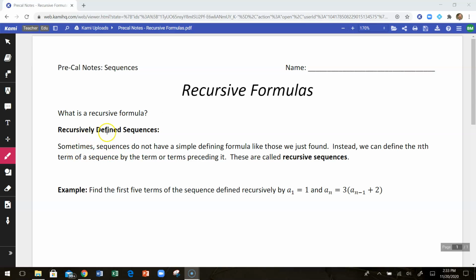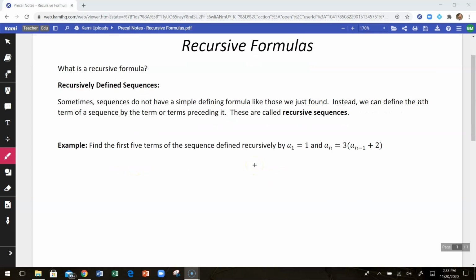Okay, so sometimes it's difficult to write an explicit formula for some sequence where I can't just say, hey, I'm going to plug in 10, that's going to give me the 10th term. Instead, we can write those formulas recursively, which says if I want to know the nth term, all I have to know is the term right before it, the n-1 term, right?